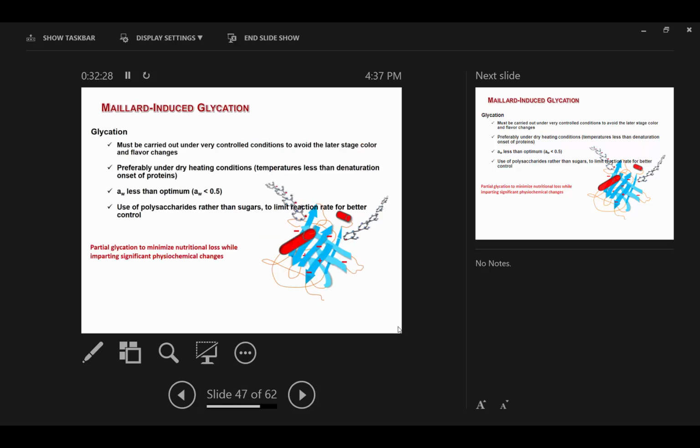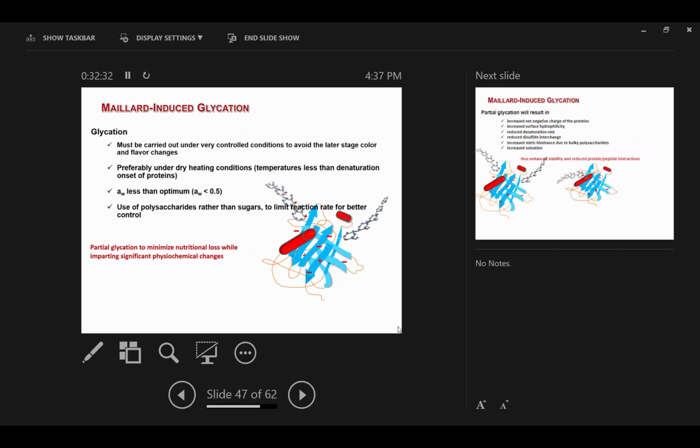So how to do that is you control the reaction conditions. You probably know that the optimum water activity for the Maillard reaction is somewhere between 0.5 and 0.7, where the reaction happens more spontaneously, and of course you want heat for the reaction to occur.